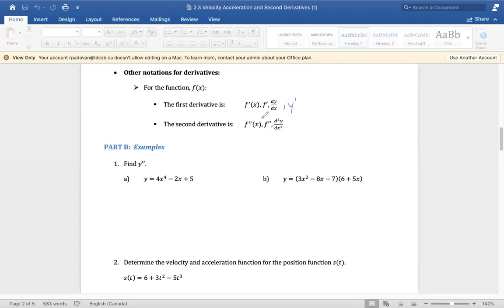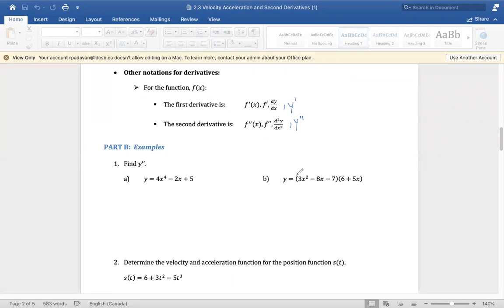The second derivative is the same thing. So f double prime of x, f double prime, or d squared y over dx squared, right? Or y double prime. And again, we don't really use this Leibniz's notation very often here for the second derivative. You'll probably see one of the other ones. So it's called f double prime.